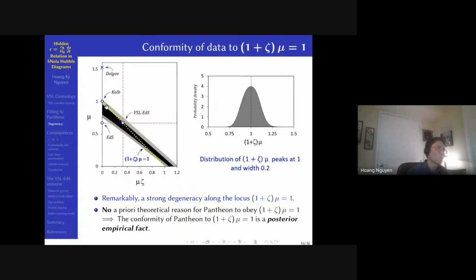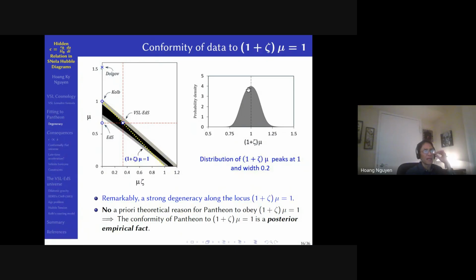Along this line, 1 plus zeta mu multiplied by mu equals 1. Away from it, this is bigger, this is smaller. So we integrate along this curve, and we have a full distribution of 1 plus zeta mu.